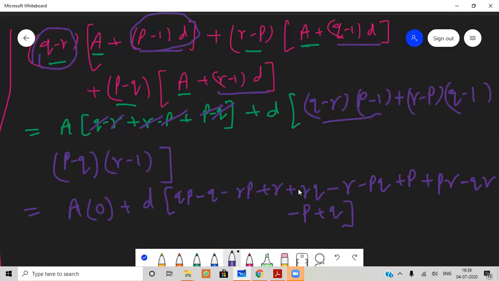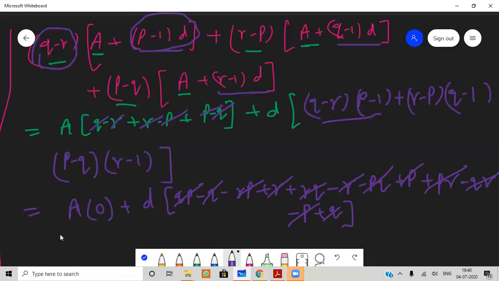Now after d I have this thing, and you will observe that the terms cross out. qp positive, and you will see some pq negative somewhere. Minus q should get cancelled with plus q, minus p with plus p, plus pr with minus pr, plus r with minus r, and rq and qr cancel.